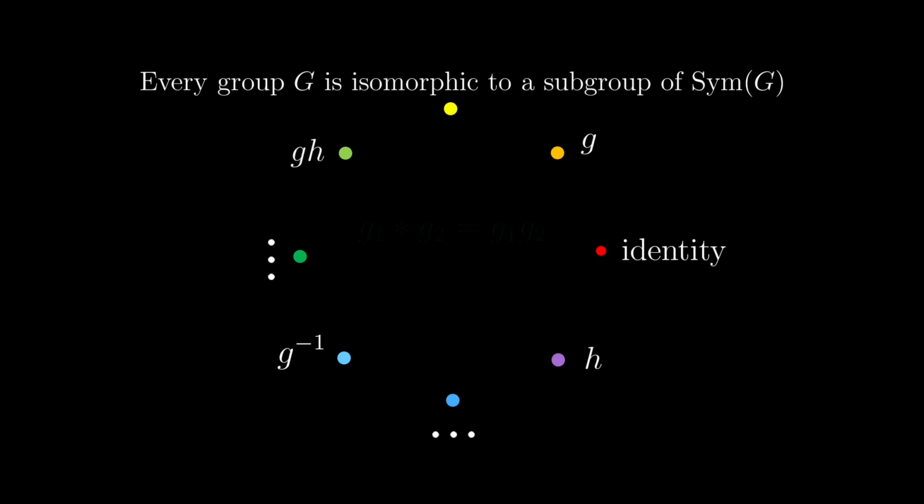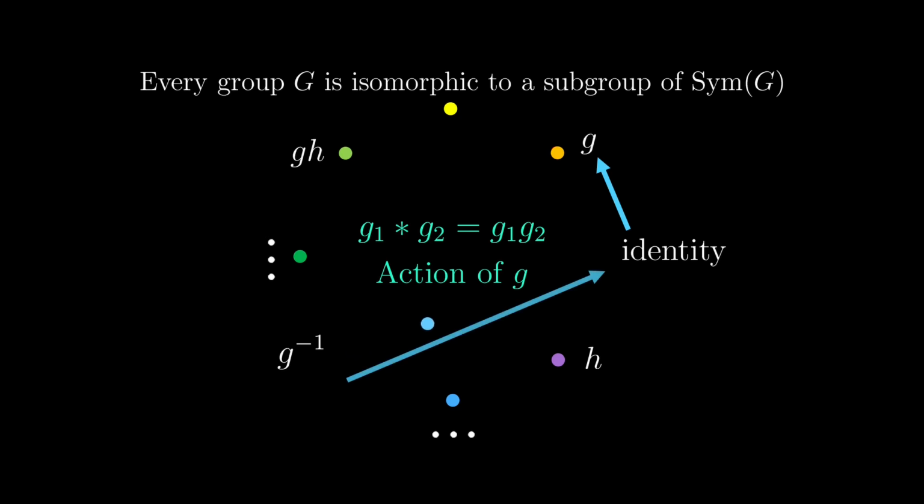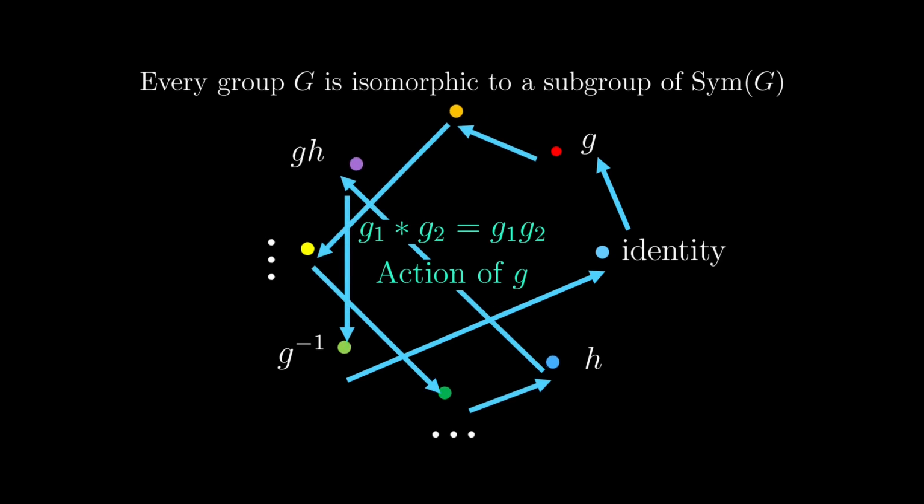Because the action we defined has this form, when we consider the action of G on these symmetries, the identity would become G itself because doing identity symmetry first, then G is the same as doing G altogether. Then G inverse would be sent to the identity because undoing G then doing G is the same as doing nothing, that is the identity. Then the action of G on other symmetries would look something like this.